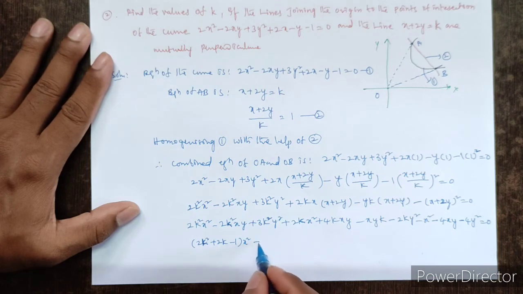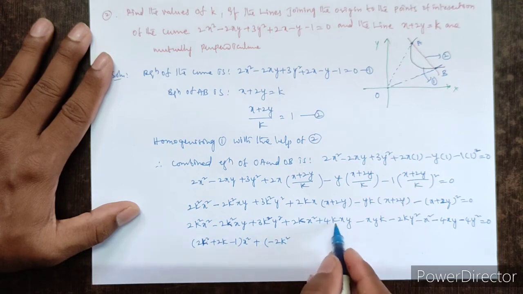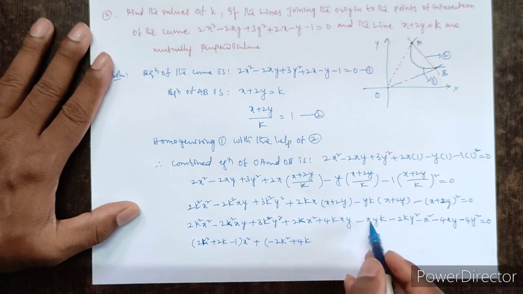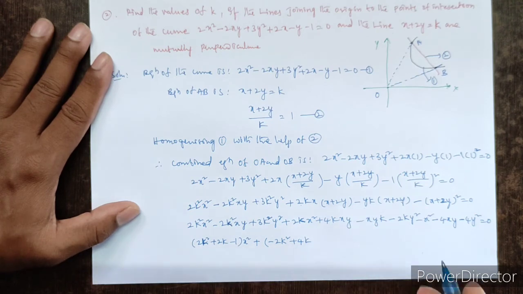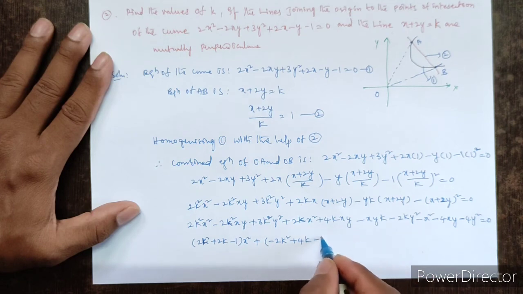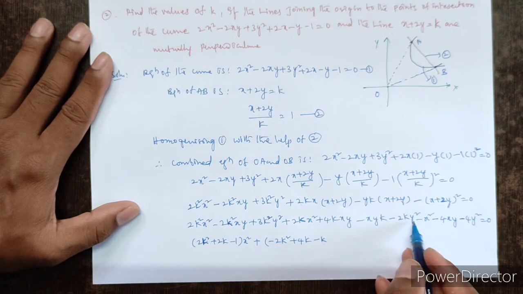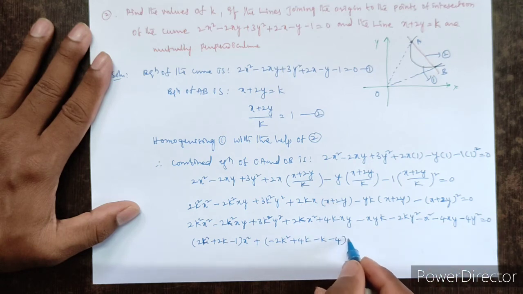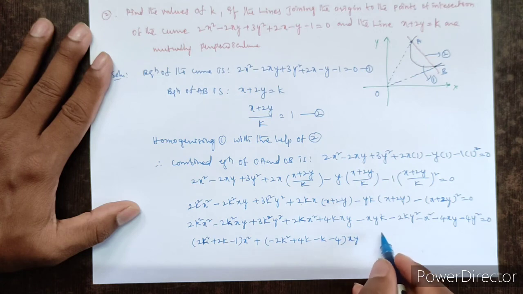Next xy term: minus 2k square plus 4k minus k, and minus 4, of xy.